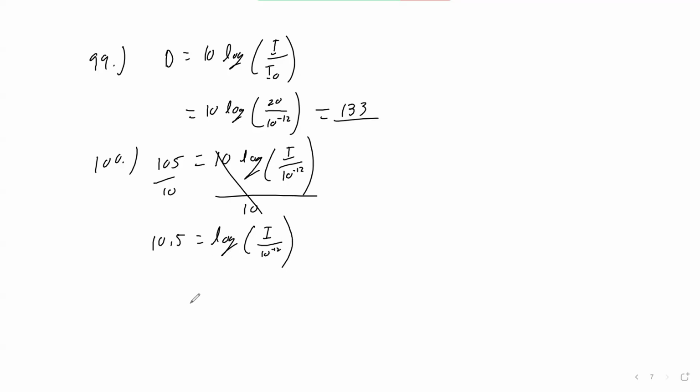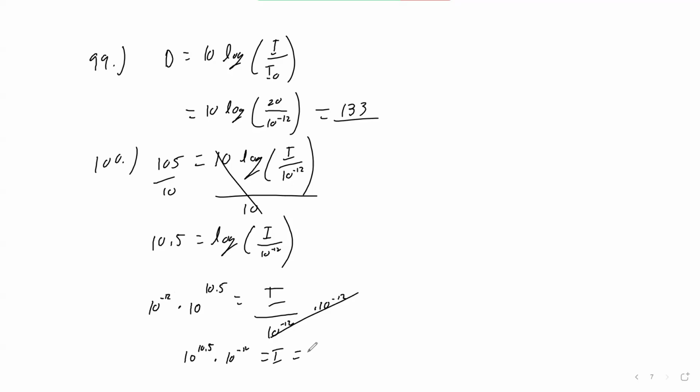And then from here, I'm going to say 10 raised to the 10.5 is equal to I over 10 to the negative 12. So then this becomes 10 to the 10.5 times 10 to the negative 12, because I would multiply both sides by 10 to the negative 12. And that would give me my intensity level.